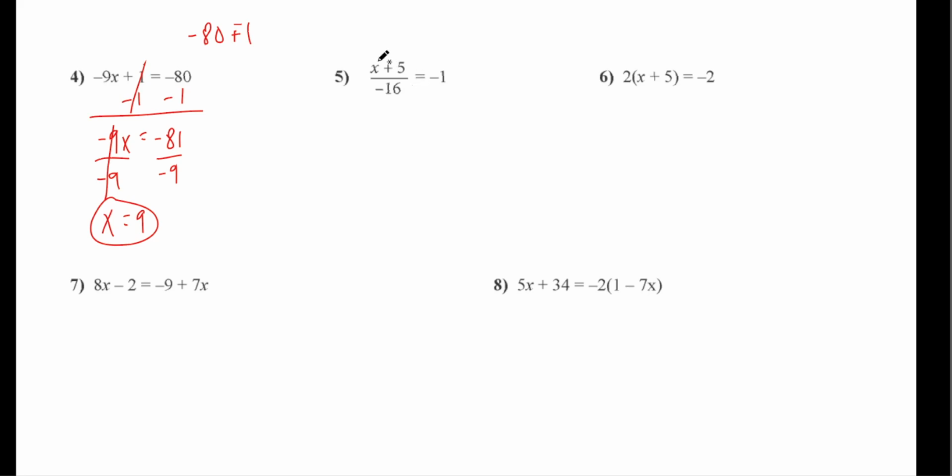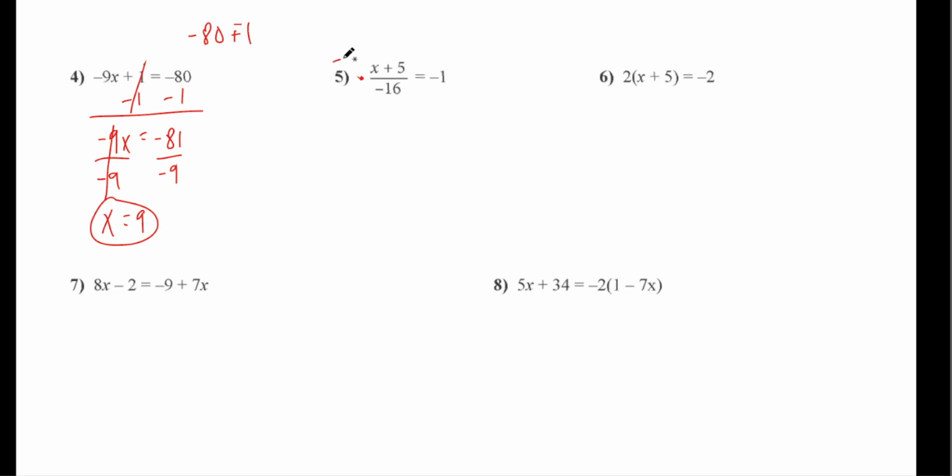Let's do this one. What's happening here? In this situation, we don't get rid of the 5 first, because what's happening to this whole entire thing here? It's being divided by something, isn't it? So I have to get rid of that negative 16. How do I get rid of a negative 16 if it's being divided? I multiply. The opposite of division is multiplication.